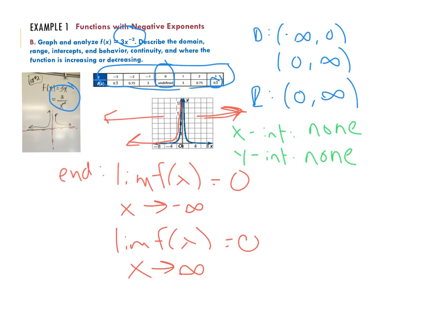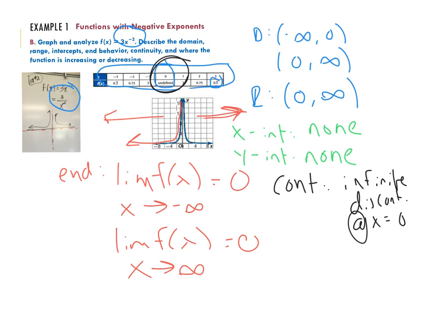Let's look at continuity here. We can clearly see both from this table and from the graph that we have infinite discontinuity at x equals 0. And then finally, where the function is increasing and decreasing, remember when you're doing this, you always have to read your graph left to right.